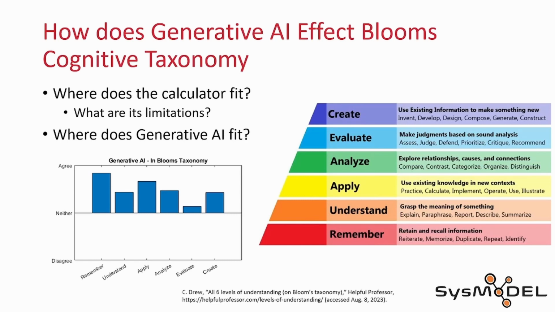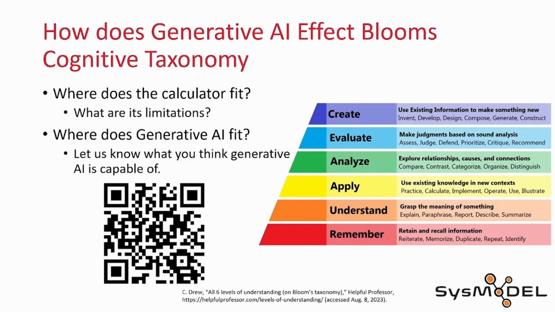However, generative AI can create, although it may be untrue or out of context, leading to low scores that we see in the understand and evaluate portion of the results. Where do you think generative AI fits in Bloom's cognitive domain? If you're interested in participating, please scan this QR code and fill out the form.